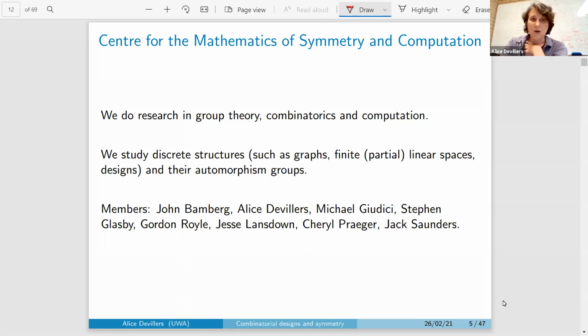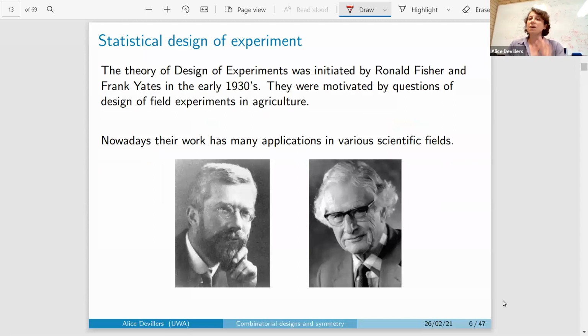So now I'm going to get into the topic of designs. Designs are a sort of discrete structure, like I mentioned, but a bit different than graphs. It started with designs of experiments.